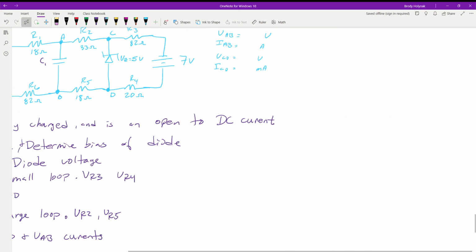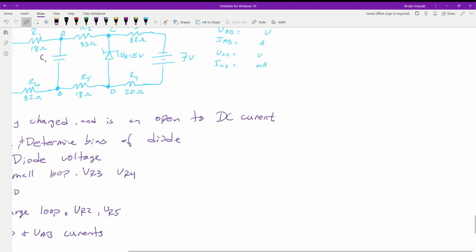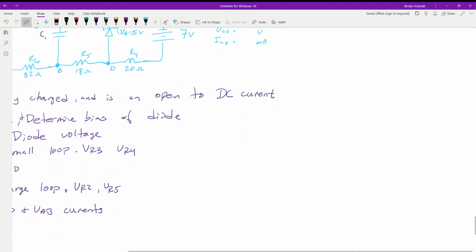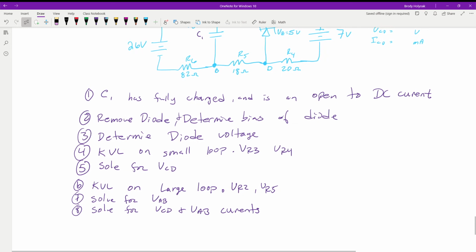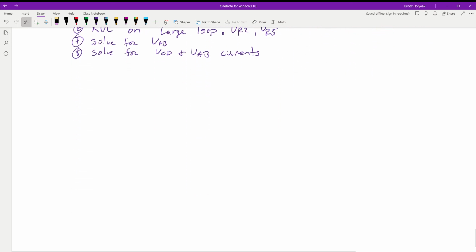So we will have our circuit that will look like this. We have our voltage source 1, we have R1, R6, we have point A and point B because it's going to be an open.